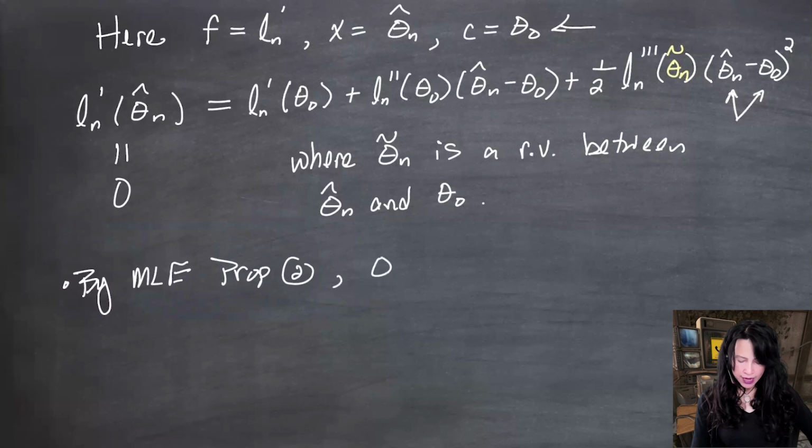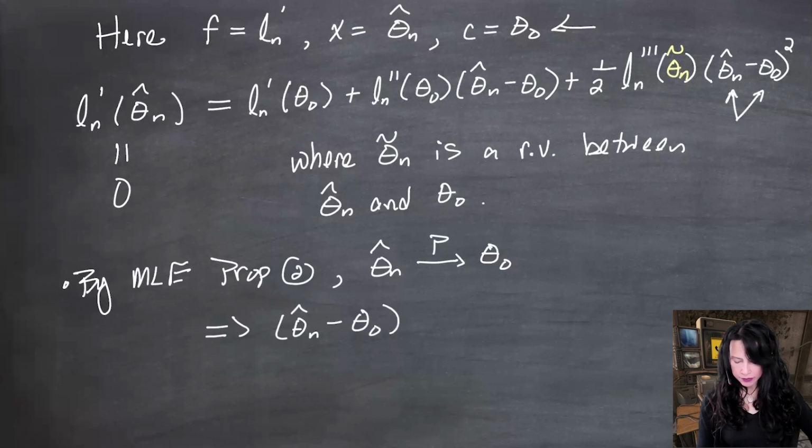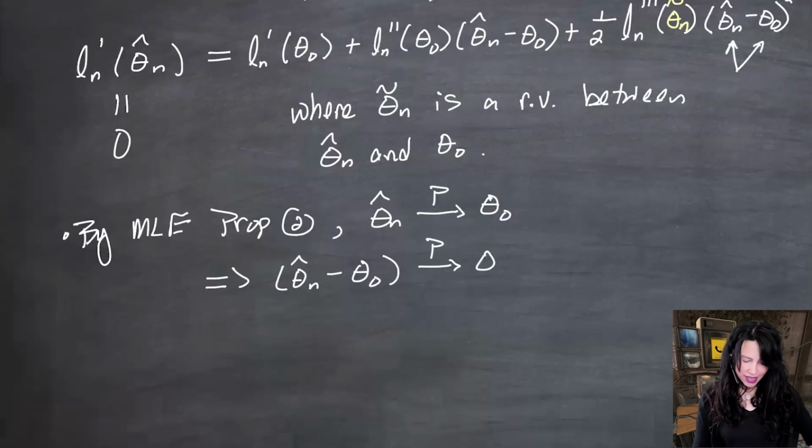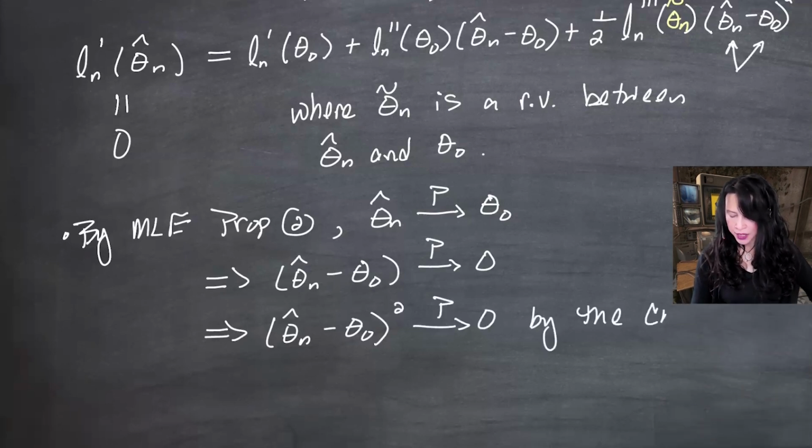We know that the MLE converges in probability to that value that generated the data. So this means that the MLE minus theta naught is converging in probability to 0. And this means that the MLE minus theta naught squared is also converging in probability to 0 by the continuous mapping theorem.